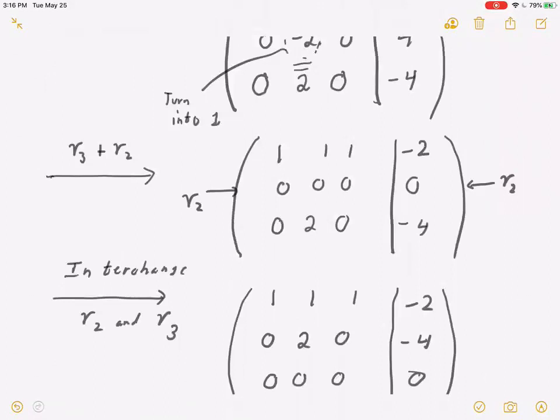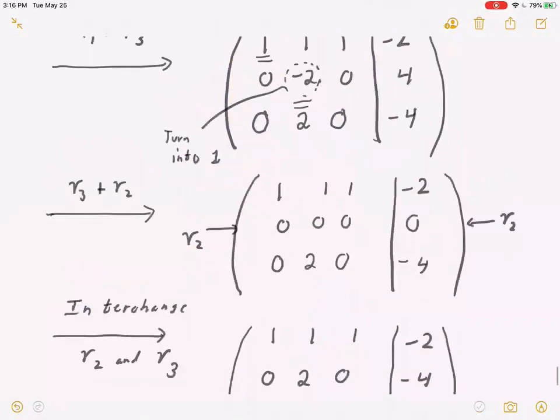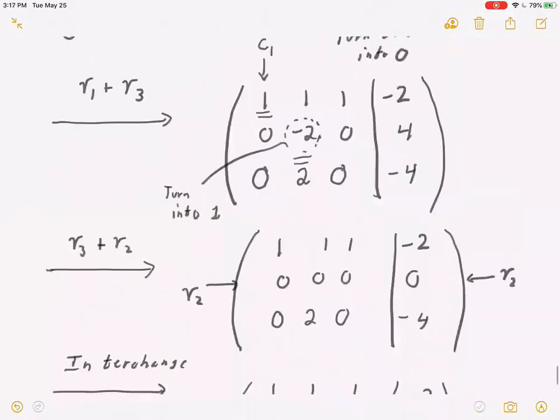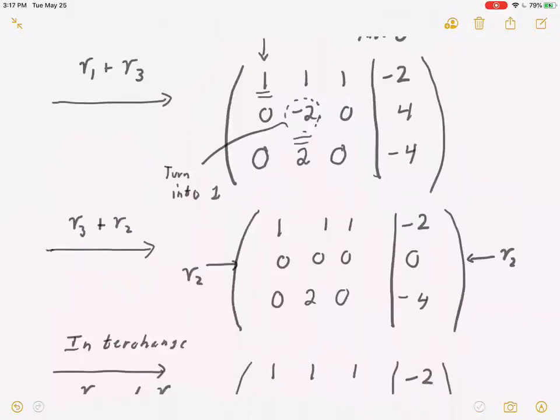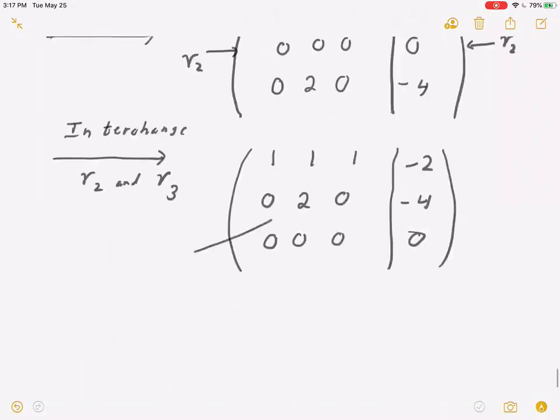So I now have a situation where I wanted to go back to this problem of turning this guy into 1. Remember, the leading 1 of the second row has to be to the right of the leading 1 of the first row.